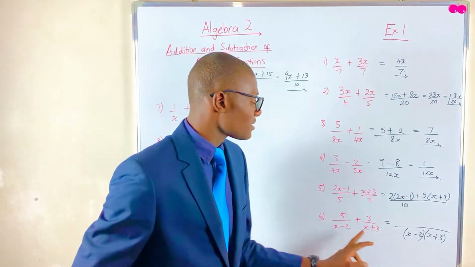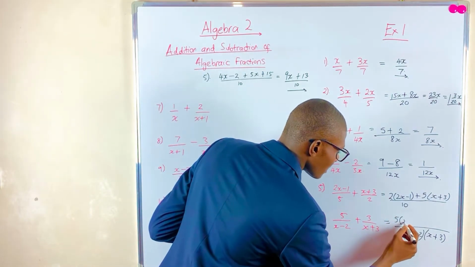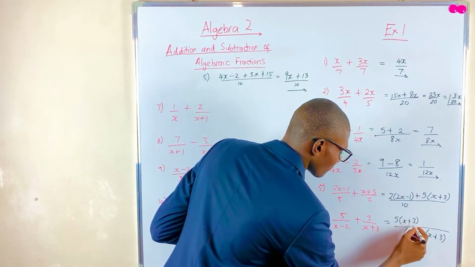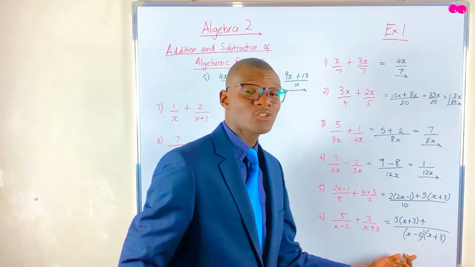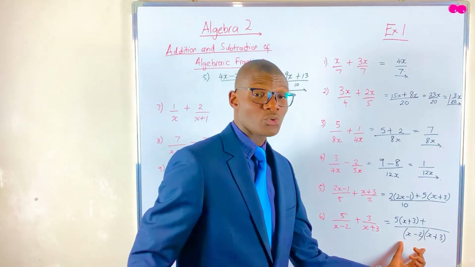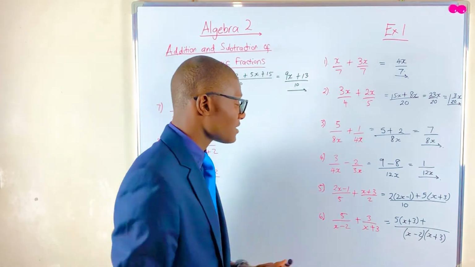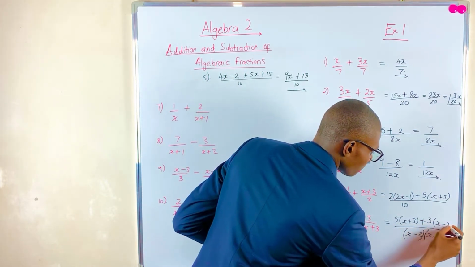Then that x plus 3 times 5, we shall say 5 times x plus 3. Then plus x plus 3 into x minus 2 times x plus 3 will give us x minus 2. Then x minus 2 times 3 will give us 3 times x minus 2.